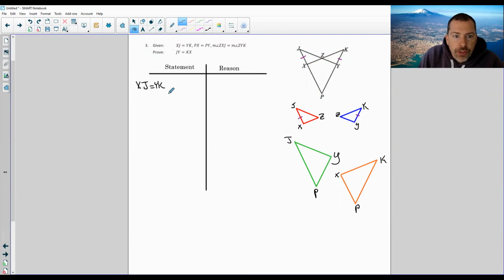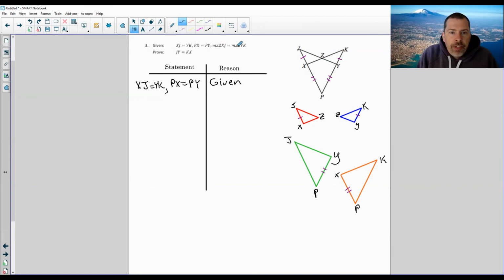I'm going to continue and say also PX equals PY and label those. PX is this piece and PY is this piece. But PX plus XJ is equal to PY plus YK because congruent pieces add up to congruent totals. And we'll get to that in a minute. So anyway, these two are givens.